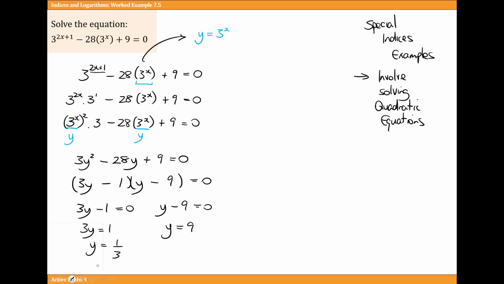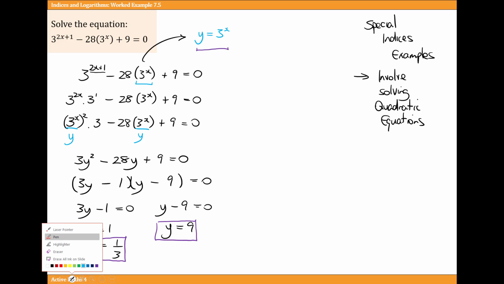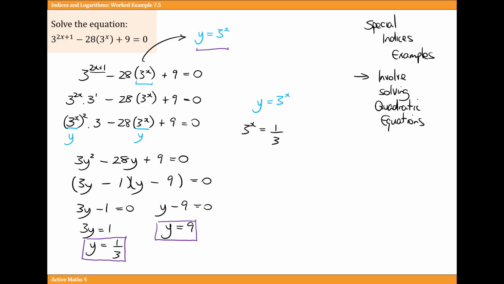Now these are two values for y, but remember this question wants us to solve for x. So we go back up to our original that y was going to be equal to 3 to the power of x for this sum. We're just going to write that down again. So y is equal to 3 to the power of x. Now remember, we found out that y is a third. So that means that 3 to the power of x is equal to 1 over 3.